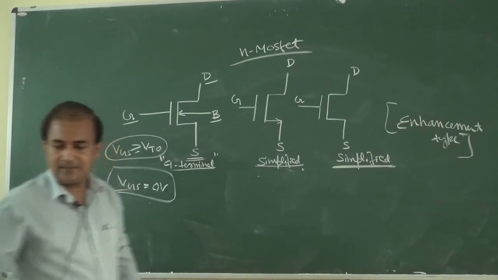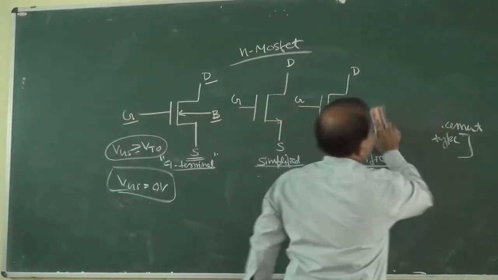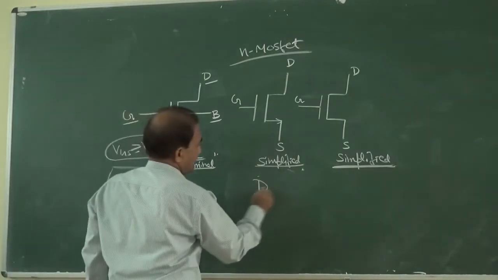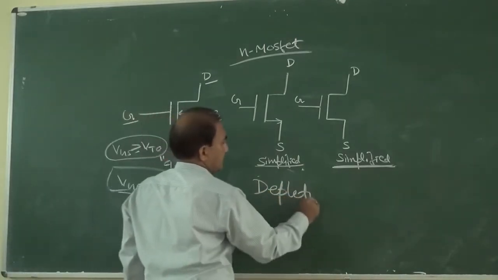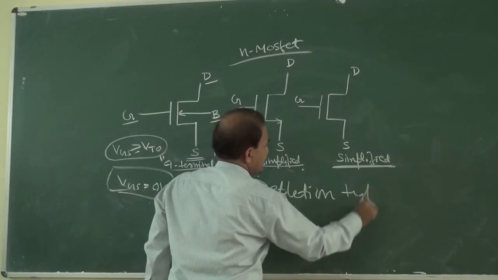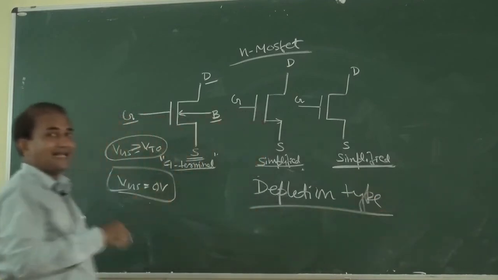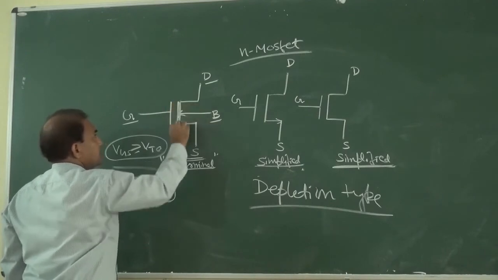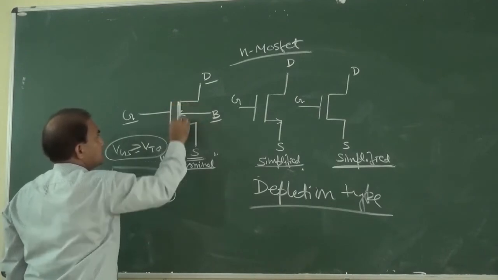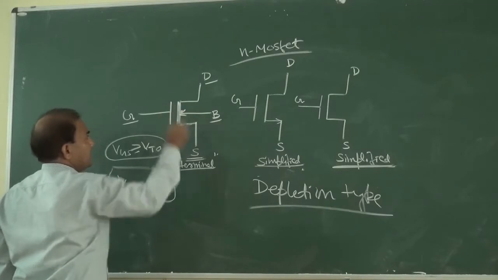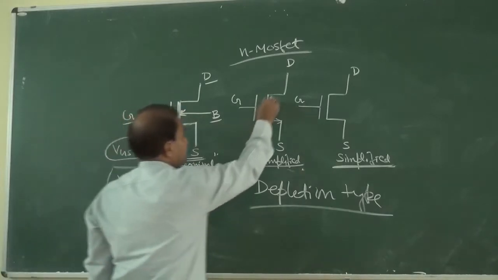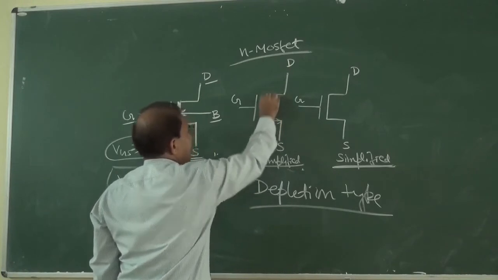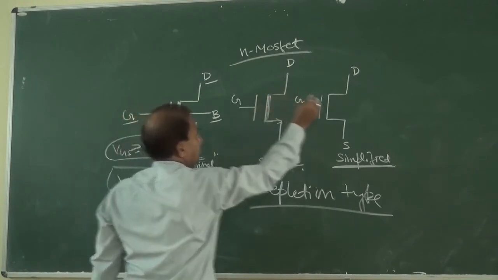But in case of depletion type, what will happen? In case of depletion type, a channel is already created. This is the circuit level symbol for n channel MOSFET. The channel is represented by a thick line.